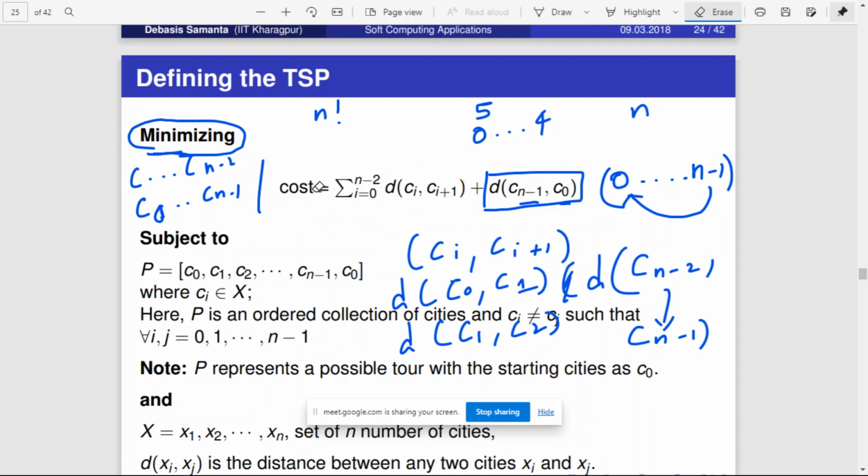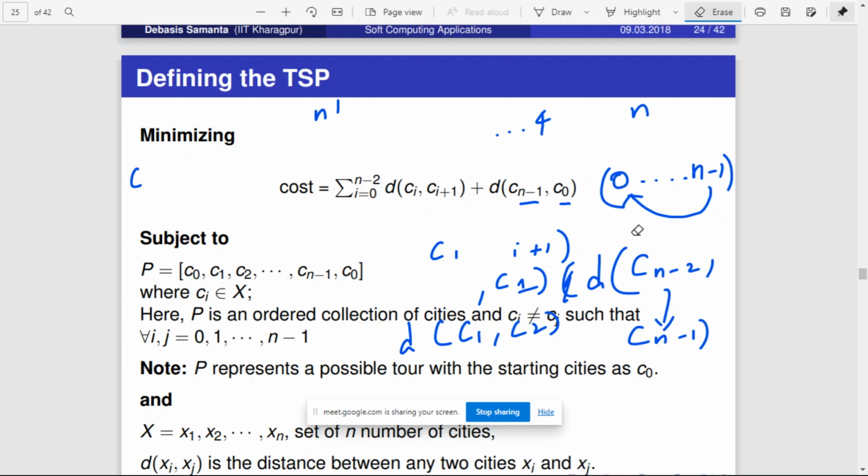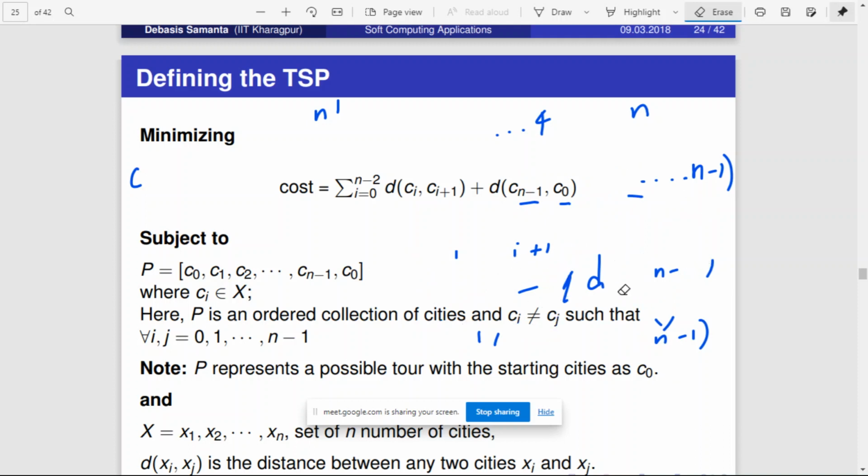So basically this equation says that out of all the possible combinations, you find the one with the minimum cost. So that is the objective function for this problem, and subject to the criteria. What is the criteria? These are the set of cities C0, C1, C2, Cn minus 1. So this is the combination. That is, we should visit all the cities exactly once, but only C0 can be visited 2 times.